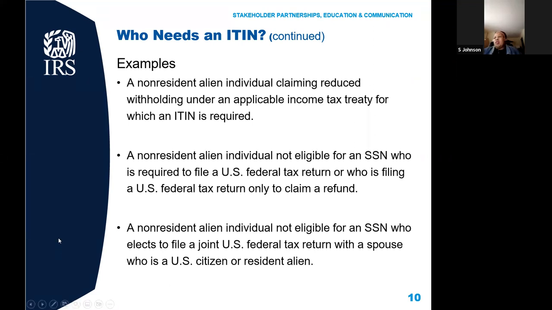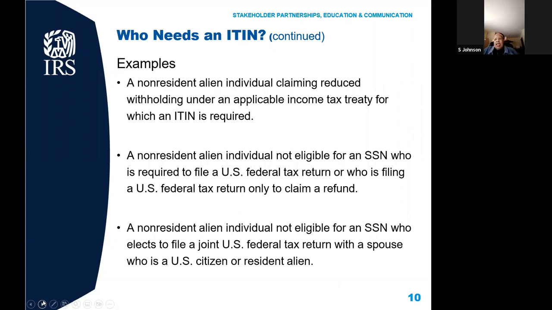As we continue on to the next slide, here are some examples of people who need an ITIN. A non-resident alien individual claiming reduced withholding under an applicable income tax treaty for which an ITIN is required. A non-resident alien individual not eligible for a Social Security number who is required to file a US federal tax return, or who's filing a tax return only to claim a refund.